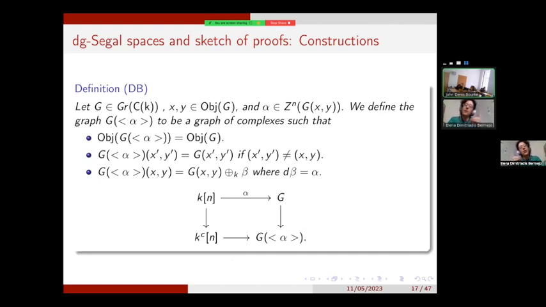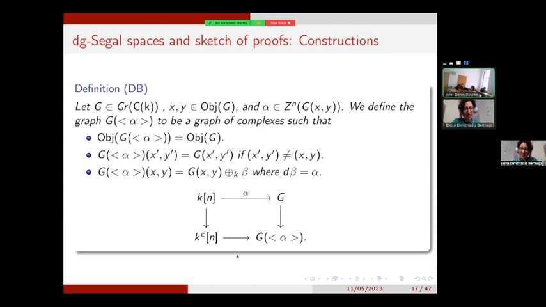So if we have a graph of cochain complexes, and alpha a cocycle, we define the graph G of alpha to be a graph of complexes which has the same objects, the same complexes of morphisms outside of X and Y. And in X and Y, we just add a little beta whose image by the differential is alpha. So we're basically killing alpha in a way.